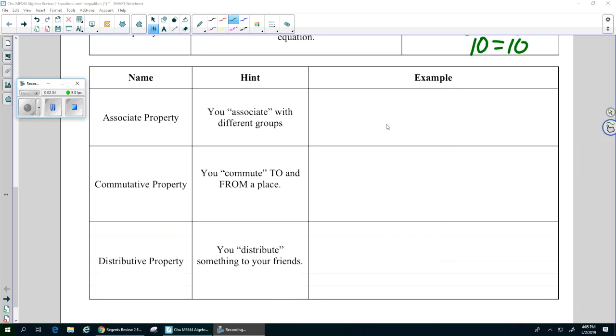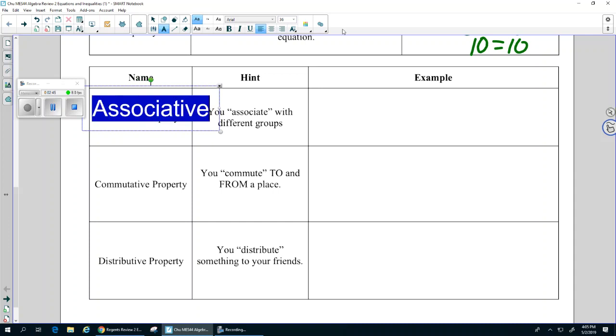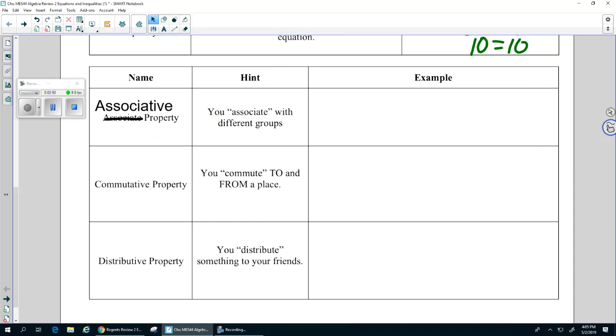Okay, let's continue. Our next set of properties deals with several operations. I messed up. This one is called the associative, not associate. The associative property comes from the word associate, and it means you associate with different groups.